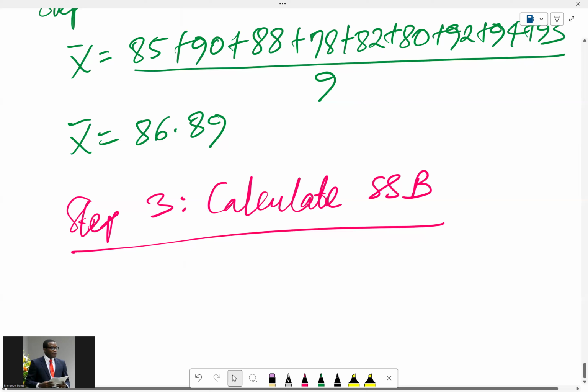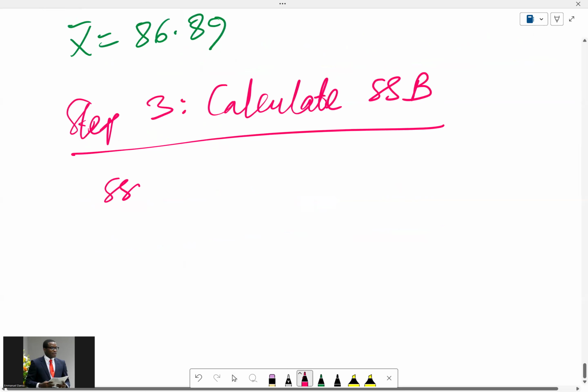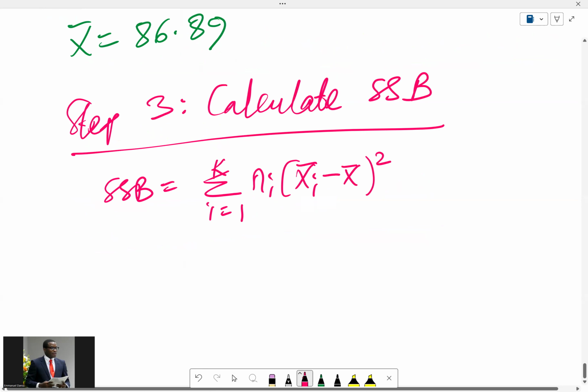So to calculate SSB now, SSB is equal to the summation from i equals 1 to k of Ni into xi bar minus x bar all squared. And I think we have all the information needed to do that.